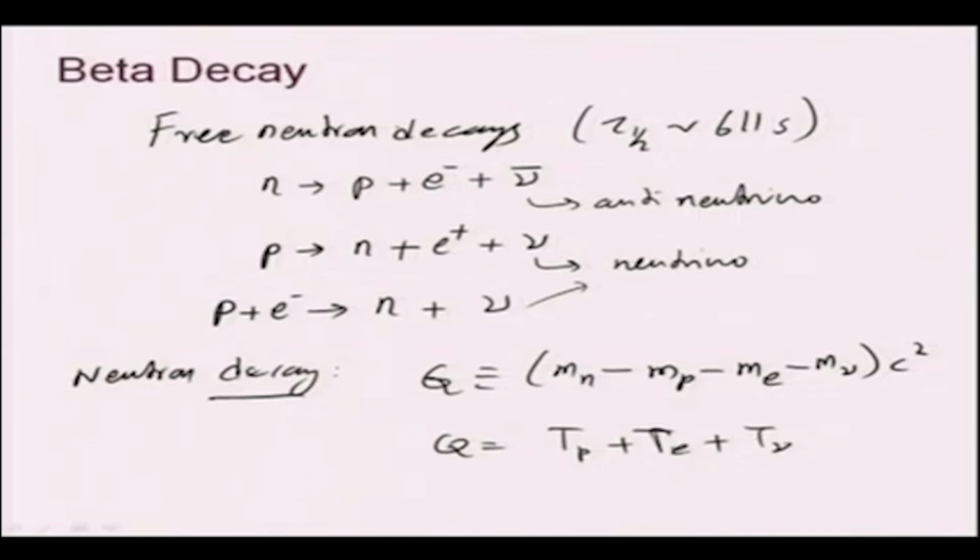And for all practical purposes, we can neglect the kinetic energy of proton, because proton is about 1800 to 1900 times heavier than an electron. Electron is 0.5 MeV and proton is approximately 938 MeV, and therefore it will only take very little kinetic energy with it.